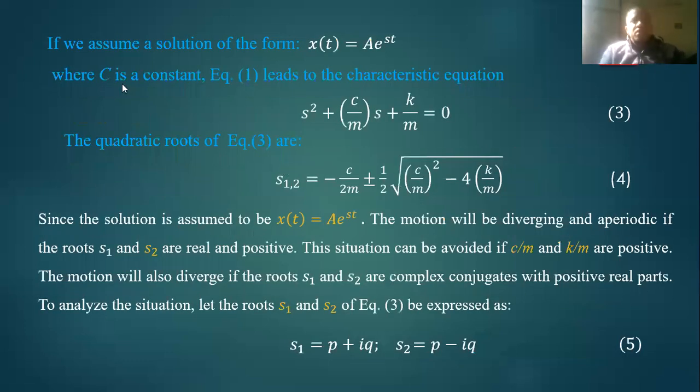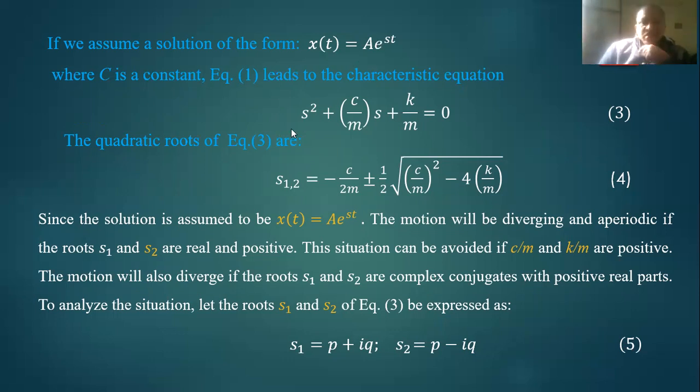Now, if we assume a solution for this, x of t equals A e to the power s t, where A is the maximum amplitude constant.